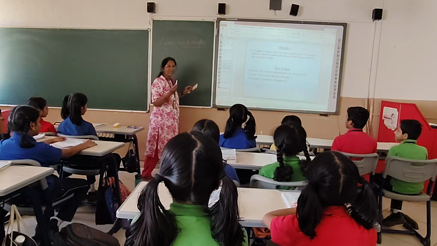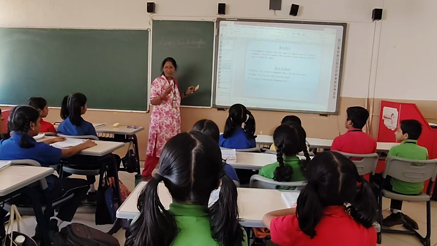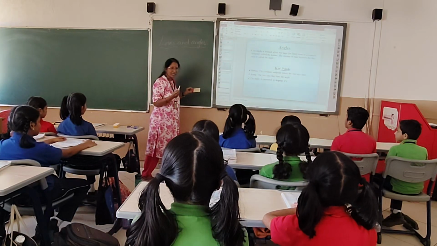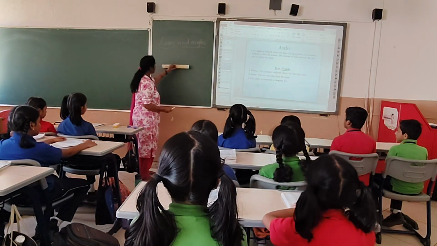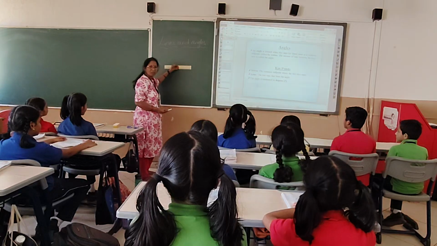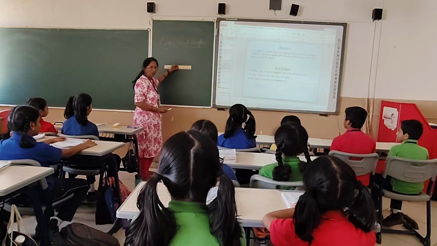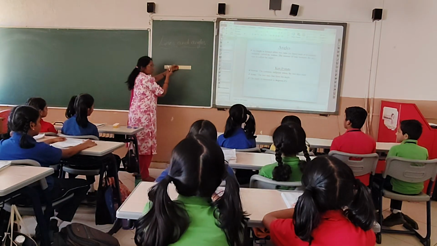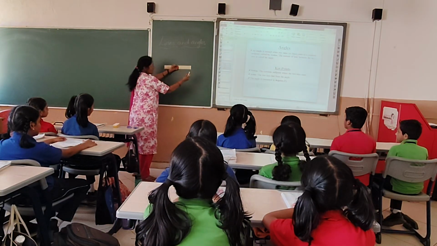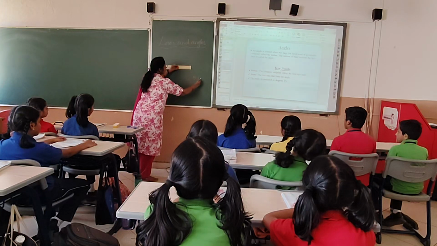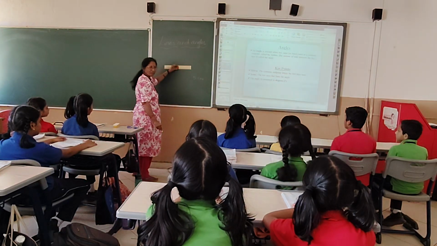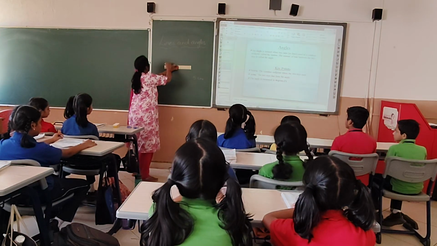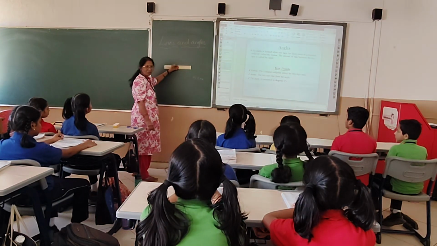Always use a pointed pencil. Whenever you are drawing a line, you are going to use a pointed pencil, placing the scale on the book or a surface where you want to draw. Suppose I say draw a line of 5 centimeters. You cannot just draw that 5 centimeters from 1 to 5. It is wrong.